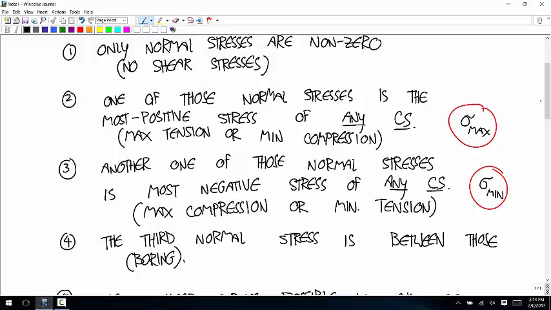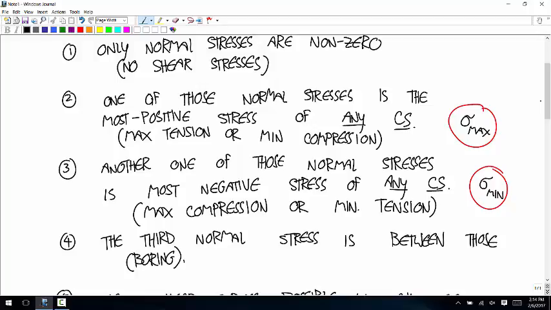From those principal stress values, it's really easy to calculate the maximum shear stress. The reason that's important is that, at least in engineering materials, materials are more susceptible to failure in shear than they are in tension and compression.